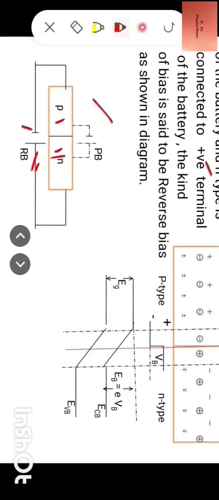So this is reverse bias, RB for reverse bias, and PB for potential barrier. This is how we apply a reverse bias to a p-n junction.